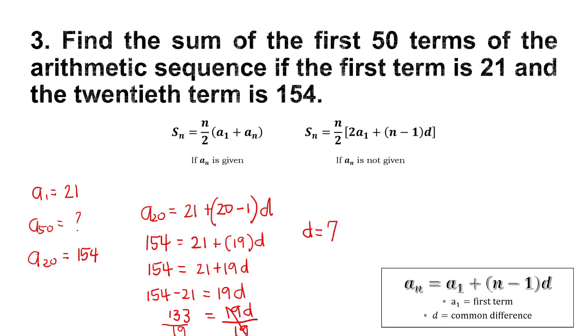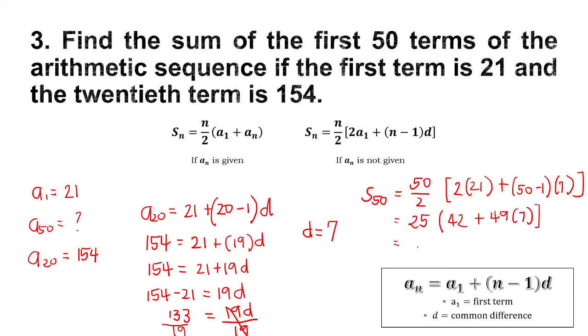So what's the next step? Since we already know the first term and the common difference, we can now use the second formula. Our n here is 50, since we are solving for the sum. Our n is 50 over 2. Now, what's our a sub 1? It's 21 plus our n is 50, and the common difference is 7. Simplify.